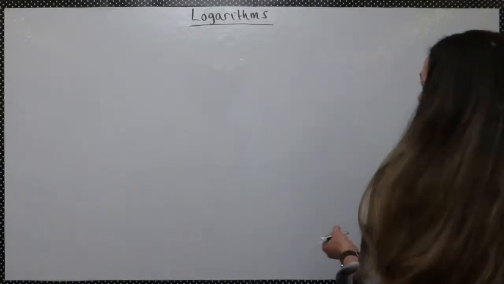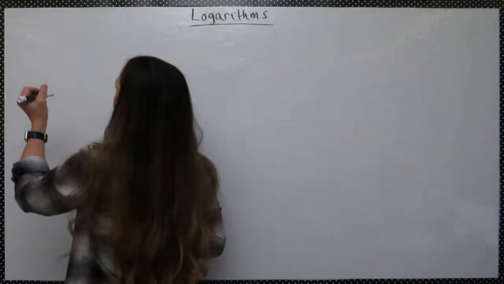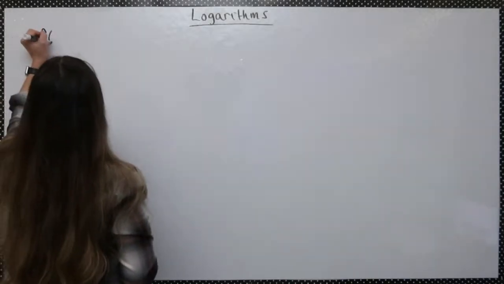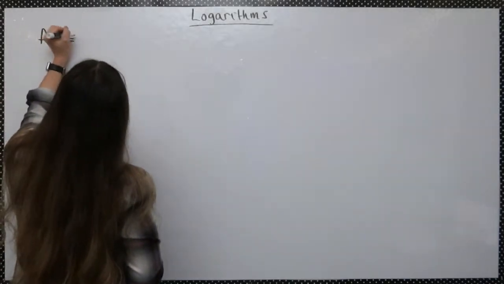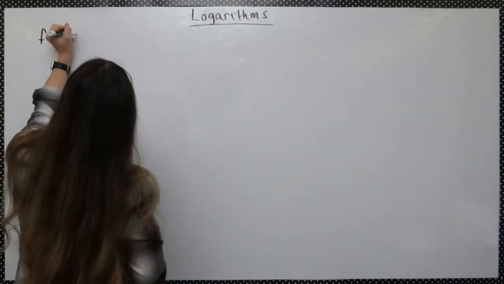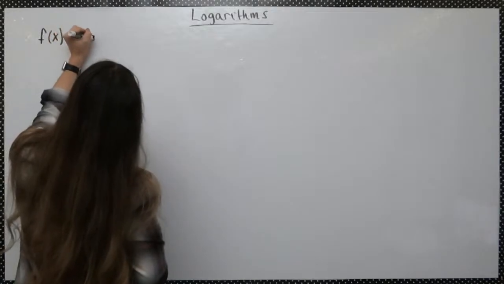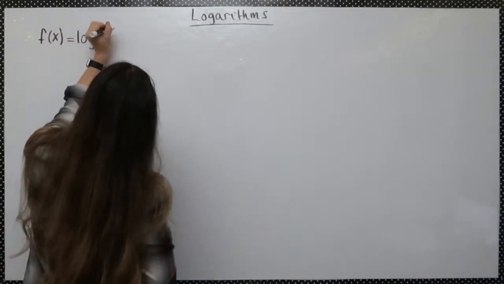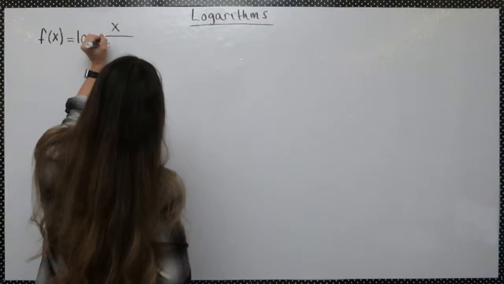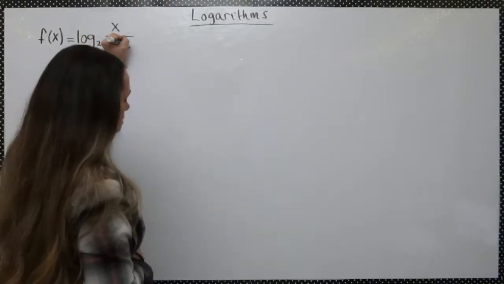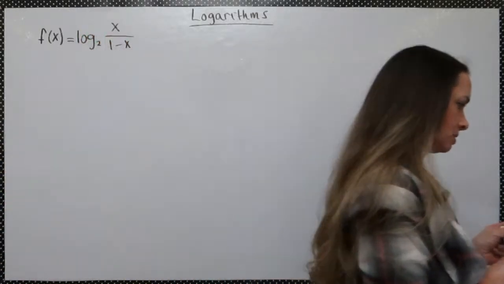But I saw this function, and I thought, well, maybe I could do it. So we've got f of x equals log base 2 of x over 1 minus x, or it could be x minus 1.